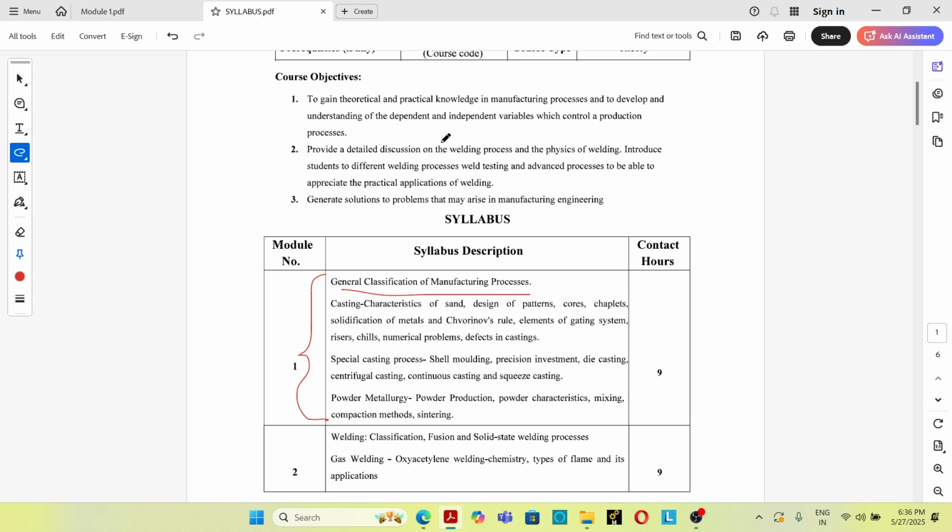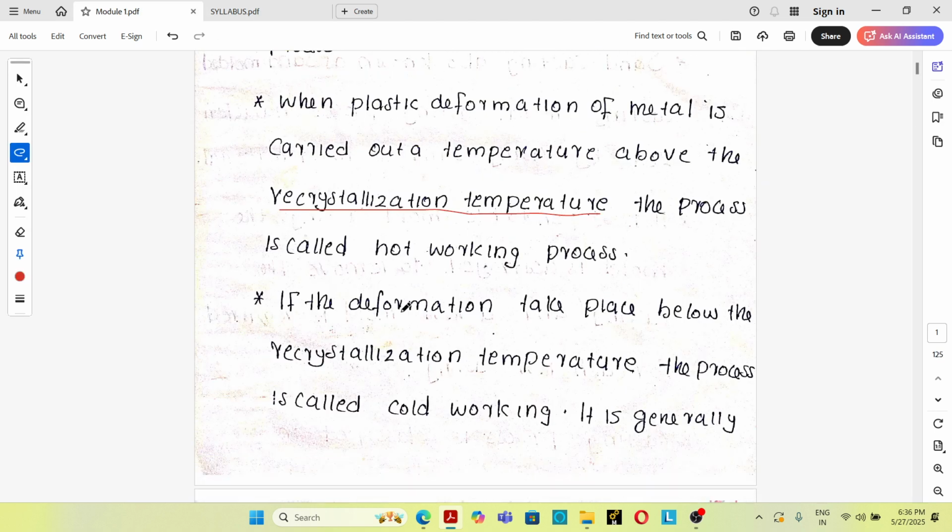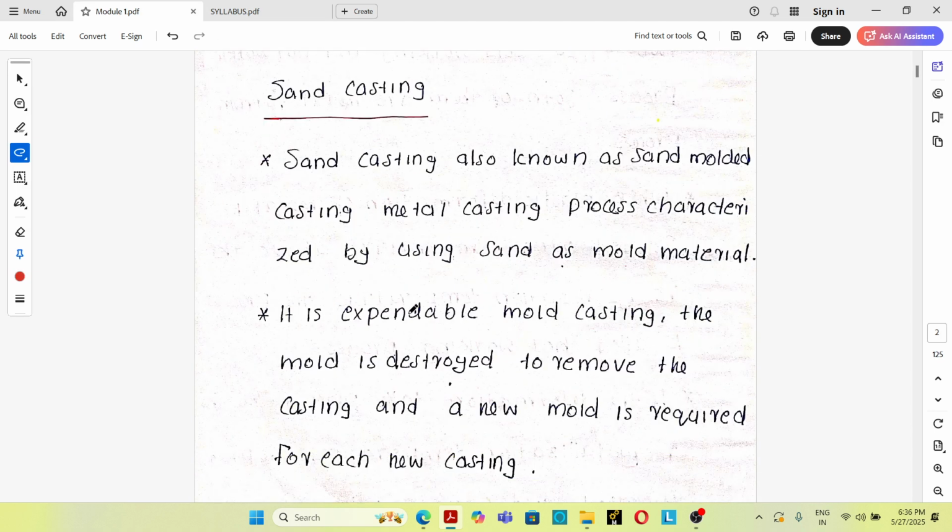The next one is the casting process. In this, first of all we discuss all the concepts regarding the sand casting process. In casting process we have to study sand casting.